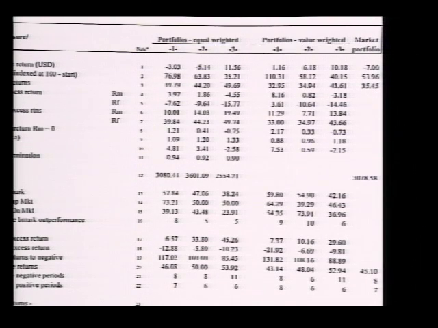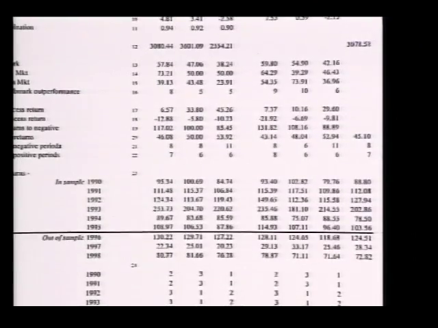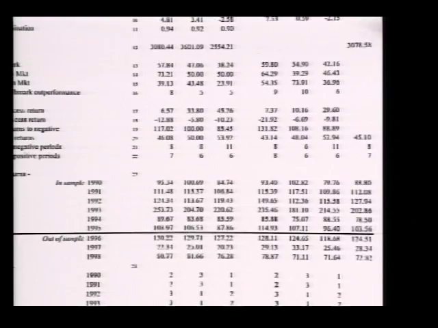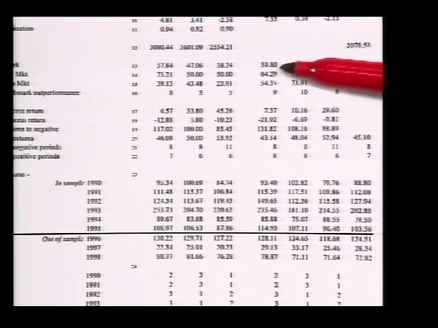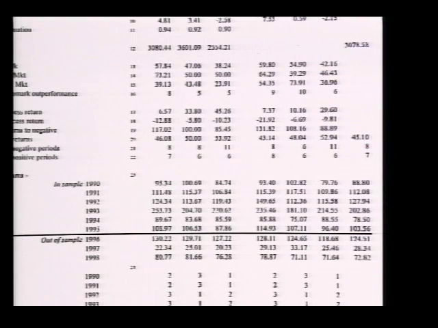And again, if we want to look at consistency, the buy portfolio is consistently more than 54% at least outperforming the benchmark. And the year by years look pretty good too.